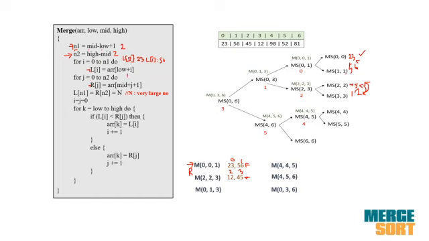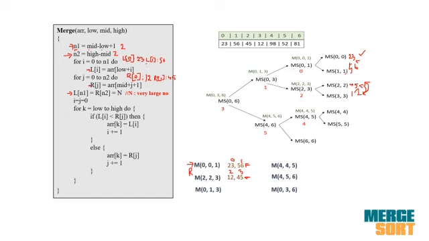We have R0 to be 12 and R1 to be 45. Now we come to this part where L[n1] equals R[n2] equals n, which is a very large number.